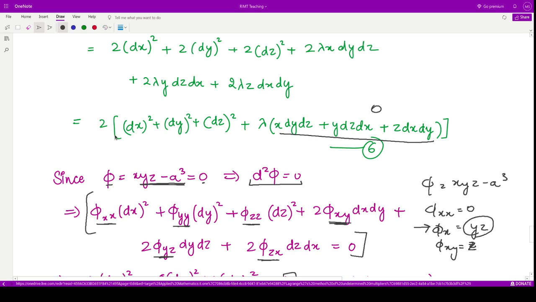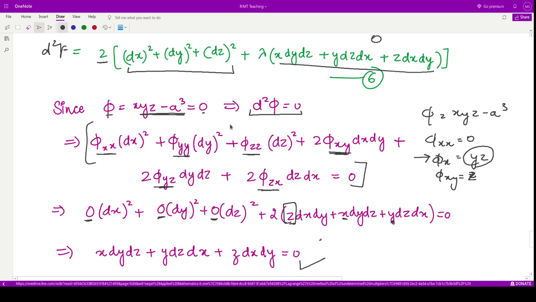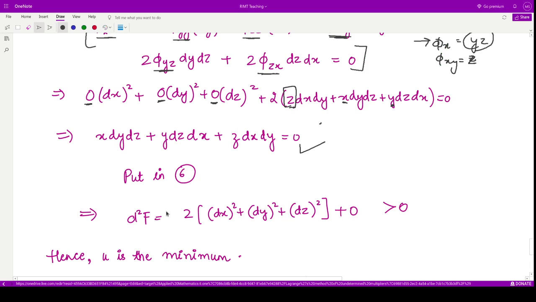If this is 0, then your d2f is simply equal to 2 into the square of these positive quantities, and we were only interested in the sign of this d2f. Because this is positive, this is positive, and this is also positive, the whole quantity would everywhere be positive.